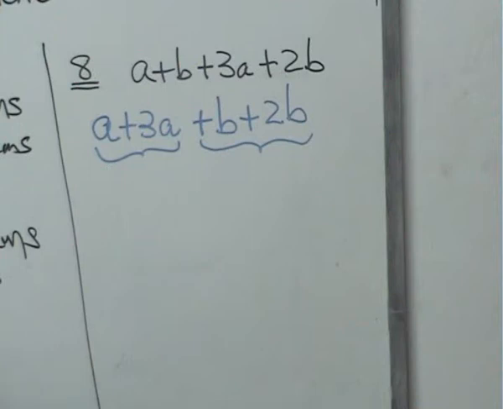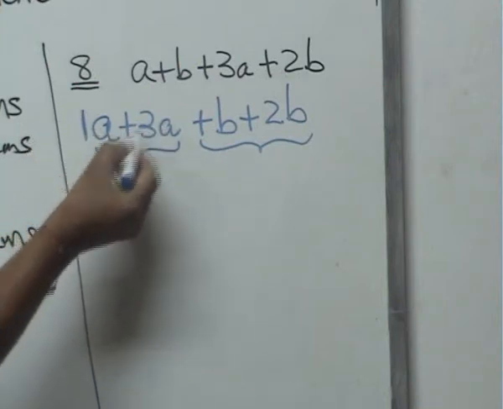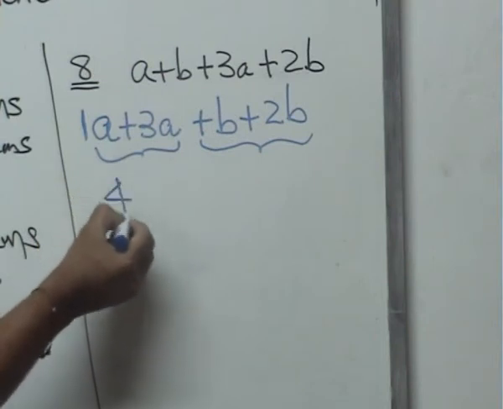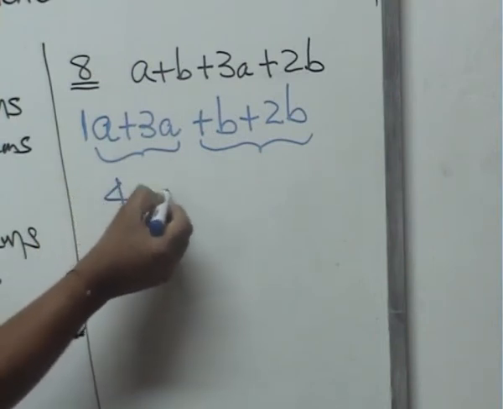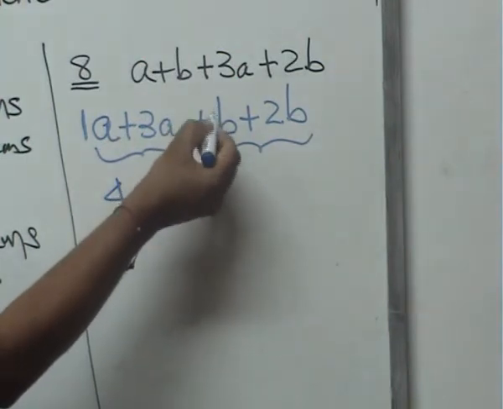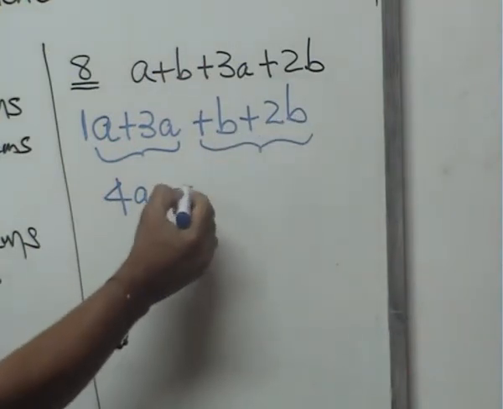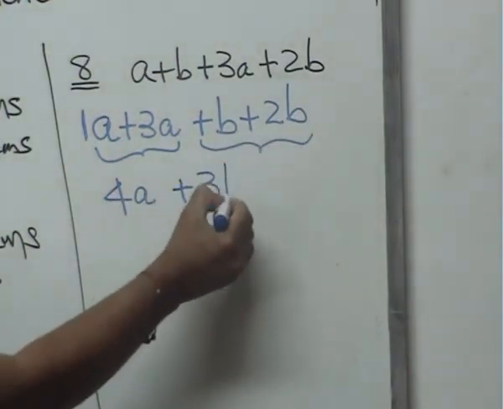And then you want to add. Well, if you want to add, look, you've got 1a and you've got 3a. If you add it up, you'll get 4a. Then you've got 1b. Remember, it's understood 1b. 1b plus 2b. You add that up, you get plus 3b.